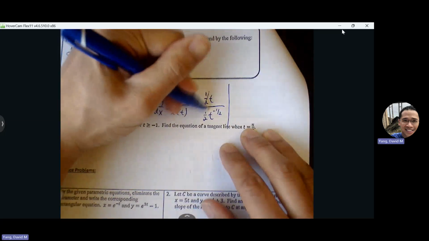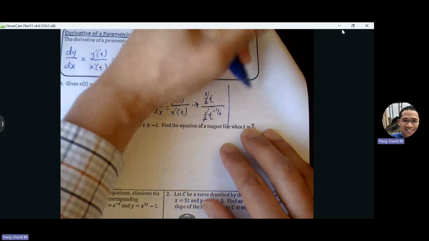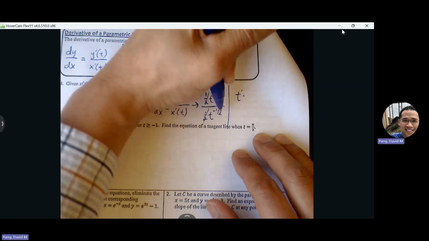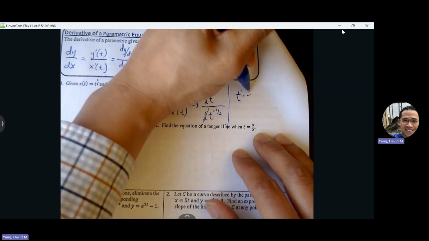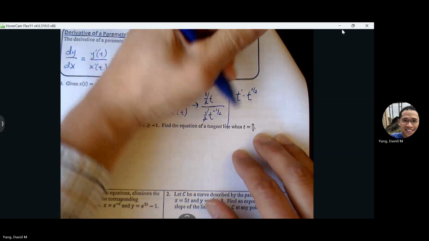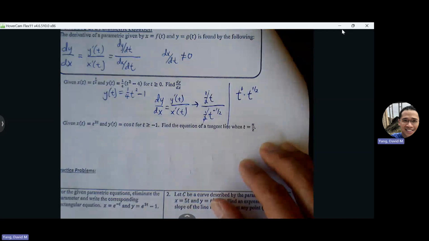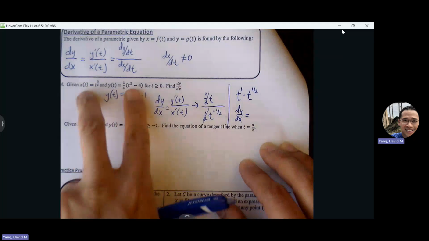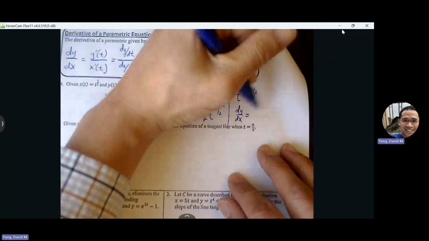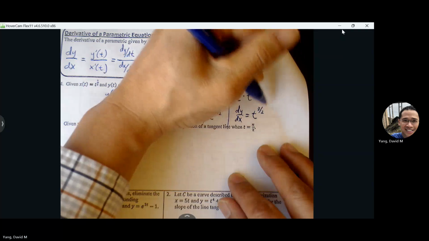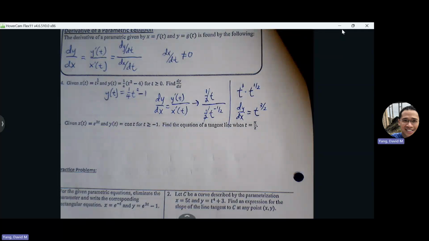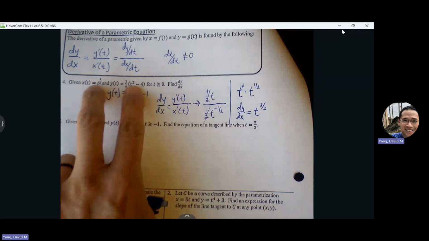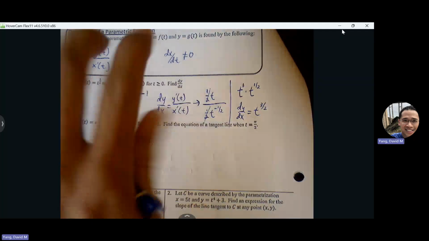We know the 1/2 will cancel out. Just have to merge the t's together. So t divided by t to the negative 1/2 is the same thing as multiplying by t to the 1/2. So add the exponents, 1 plus 1/2 is 3/2. So our derivative of this parametric equation is just t to the 3/2. As long as we know what the t value is, we can figure out the slope of this overall curve at any moment in time.